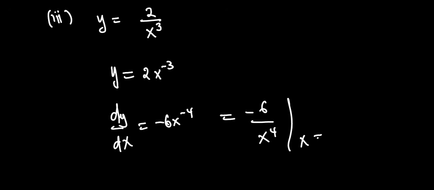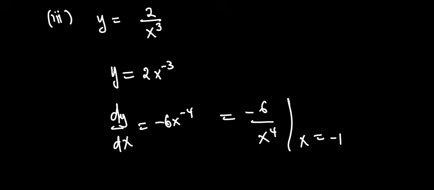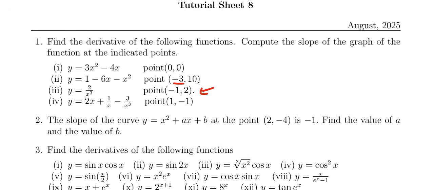Replace wherever there's x, put negative 1 because we want the slope at the point (negative 1, 2). So this is negative 6. We have negative 1 to the power 4. This is negative 6 and a 1. It leaves us with a negative 6. So that's okay.